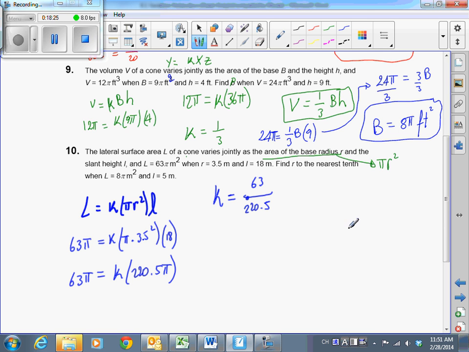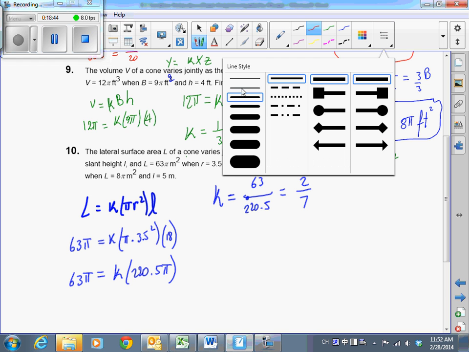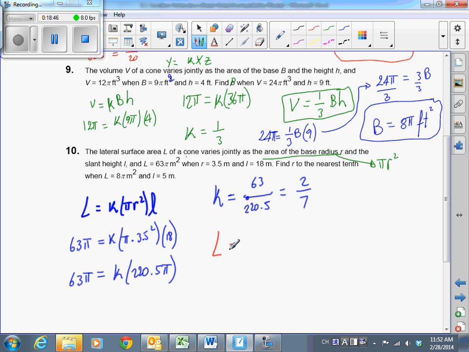Now, we're solving for K. So we want to move stuff away from K. 2 over 7 is our K. So the whole equation would be L is equal to 2 over 7 pi r squared in the lowercase l.